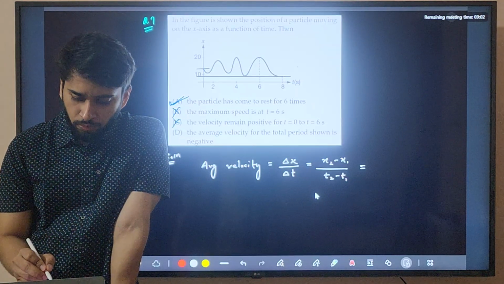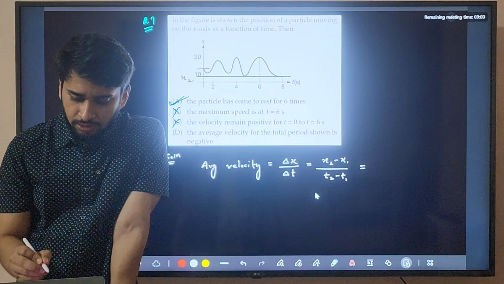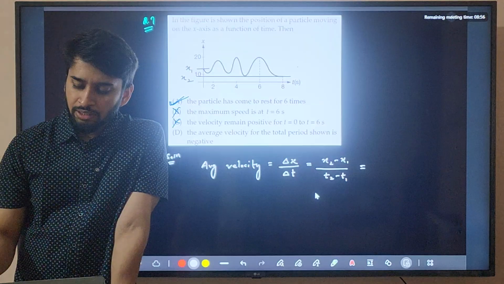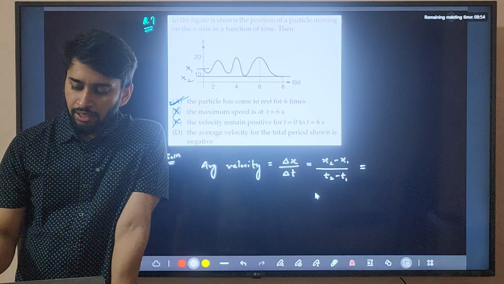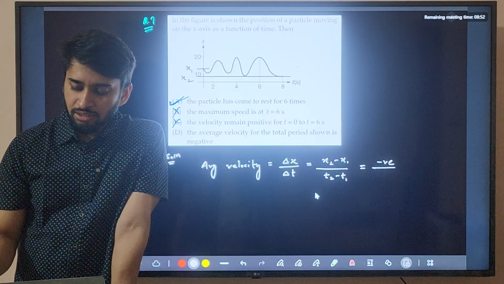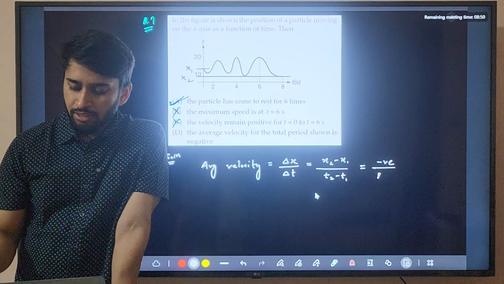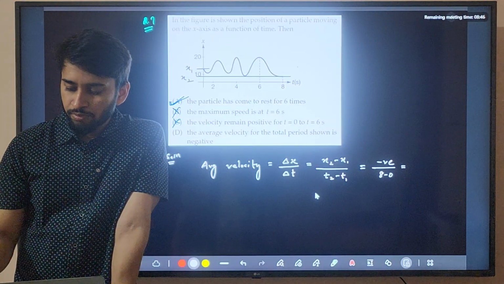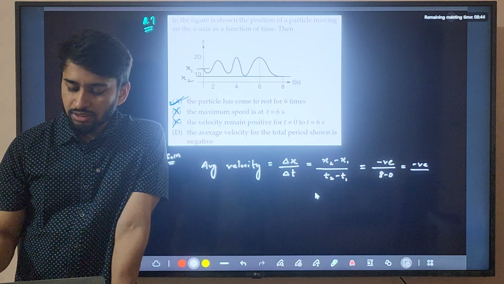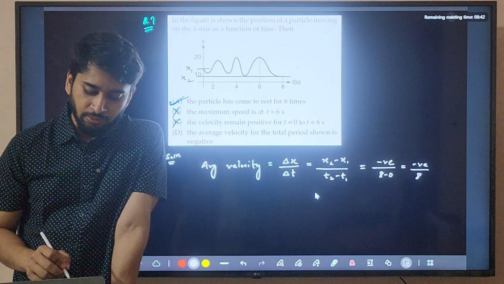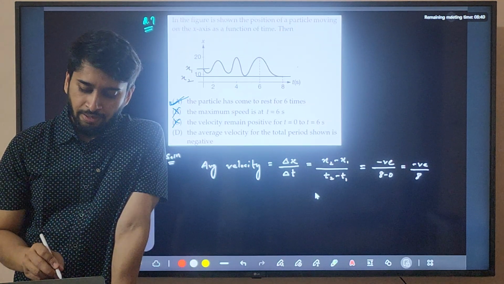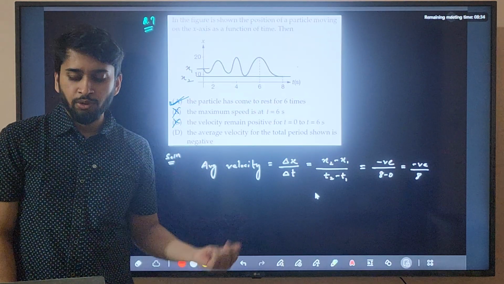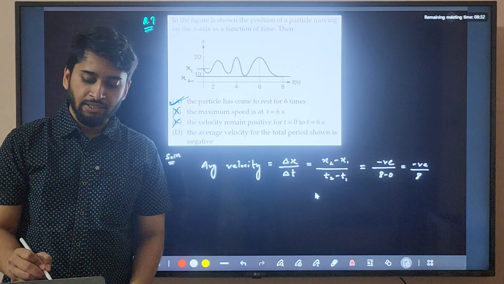This is x2 and this is x1, right? So x2 minus x1 will be a negative value, and t2 minus t1, which is 8 minus 0, will be a positive value. So negative by 8, so this is a negative value. So the average velocity for the total period shown is negative. So this is correct, right?